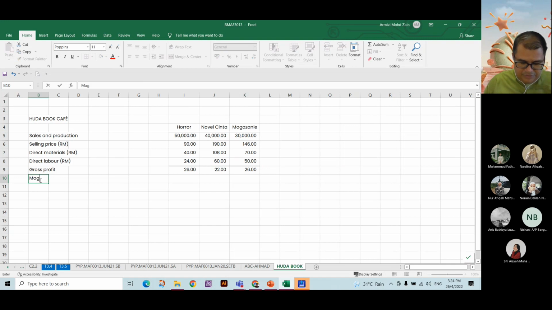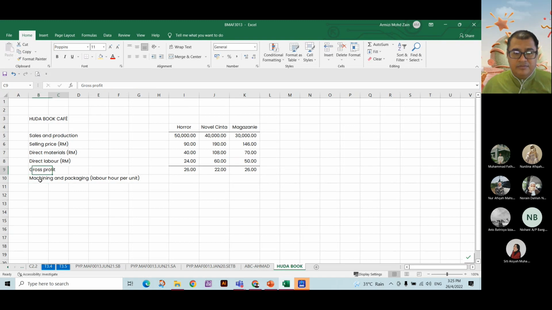And then dia kata CHR and machining, ANPA, packaging. Okay, packaging. Okay, this one based on labor hour per unit.